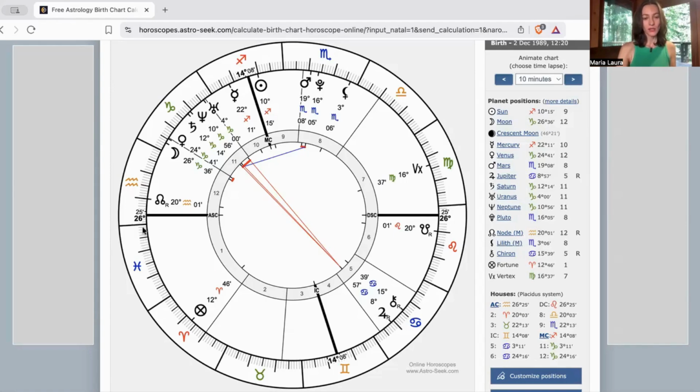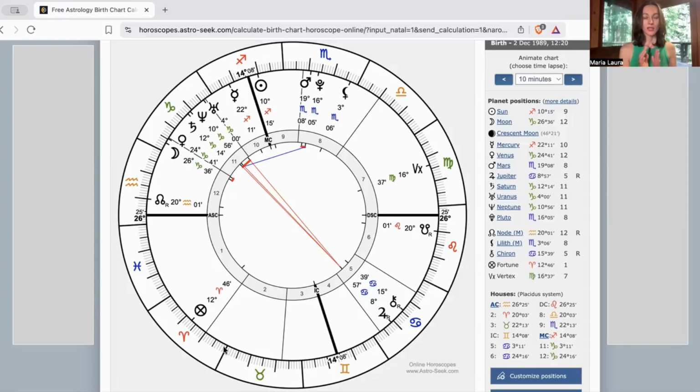If we count this, there are 30 of these little bars in each of the signs. So we have 5, that's the bold one, then 10, 15, 20, 25, and 30. And again, 5, 10, 15, 20, 25, 30. 30 degrees in each sign.